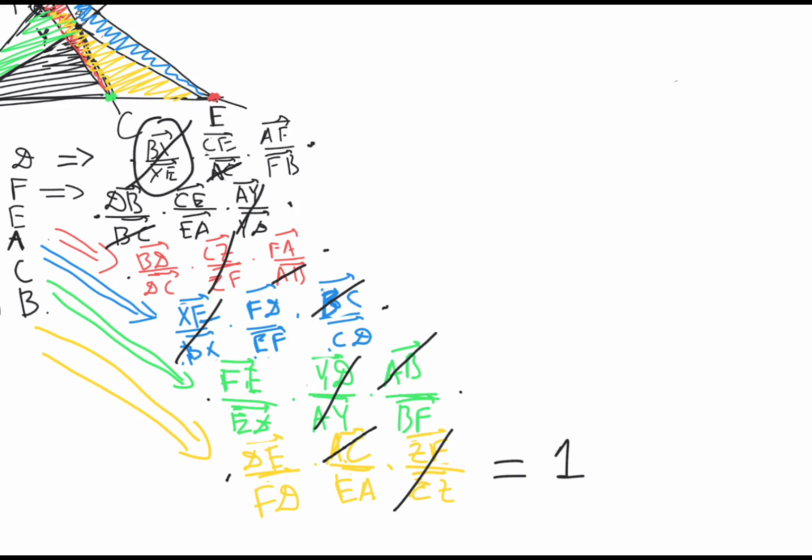Yeah, so now what remains is, okay, so CE1 and 2, so CE is squared in the numerator. So let's write all the remaining factors.